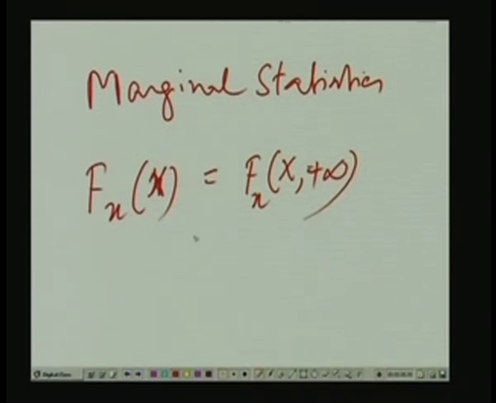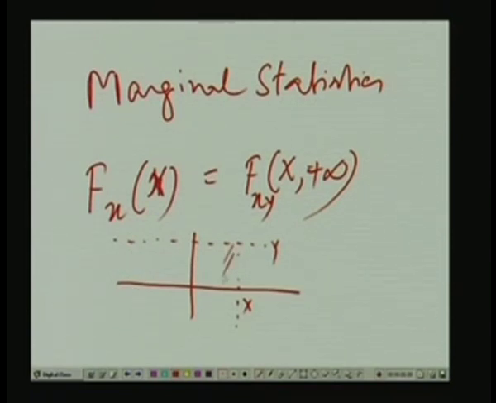Obviously, it will be that in the 2D plane, we come back to this previous figure. Suppose this was capital Y, this is x y of course, and this region we were considering earlier.